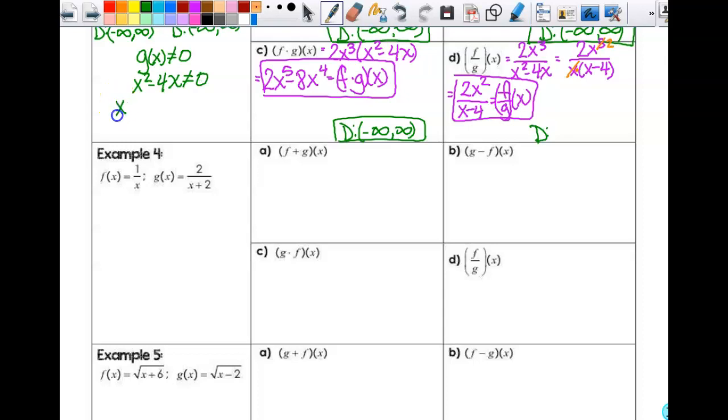So I'm going to factor that x out again. I get x times x minus 4. Cannot equal 0. I have two factors here. Don't forget this guy. X cannot equal 0 and x cannot equal 4. So since it was all real numbers, this is now the set of all x's such that x cannot equal 0 or 4. That's what my domain looks like.